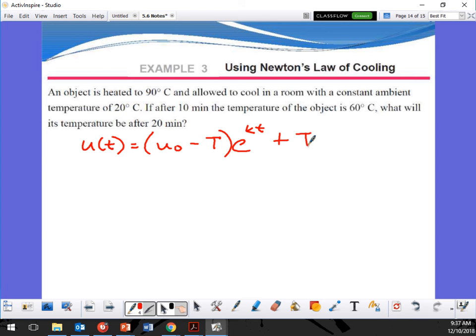So we have to go through and find some rates here. The object is going to be heated to 90 degrees. What do you think that should be?